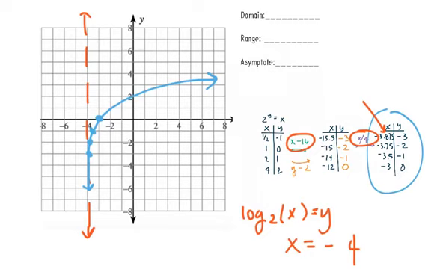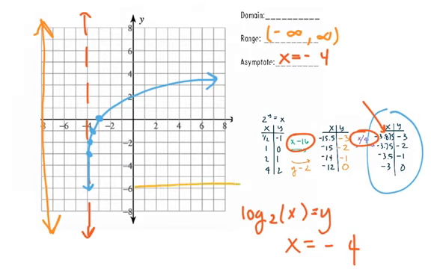So we've got that our asymptote was x equals negative 4. Okay, our range, it's going down forever. Right, the function is clearly going down forever. And it's slowly going up forever. So our range is going to be negative infinity to infinity. And then our domain, well, notice, the function is going to the right forever. It's for sure going to positive infinity.